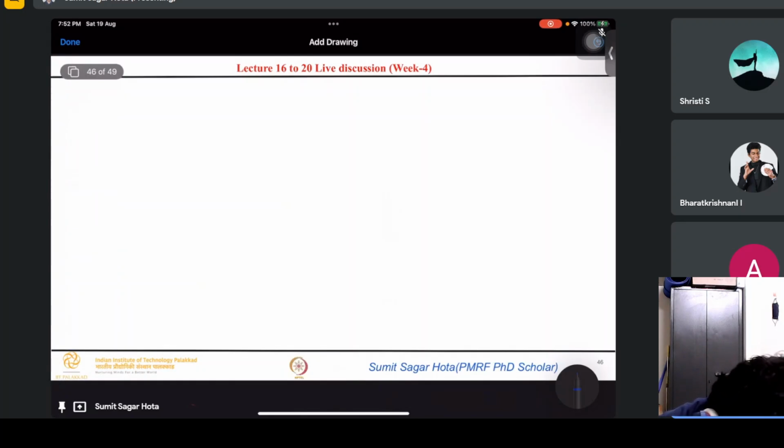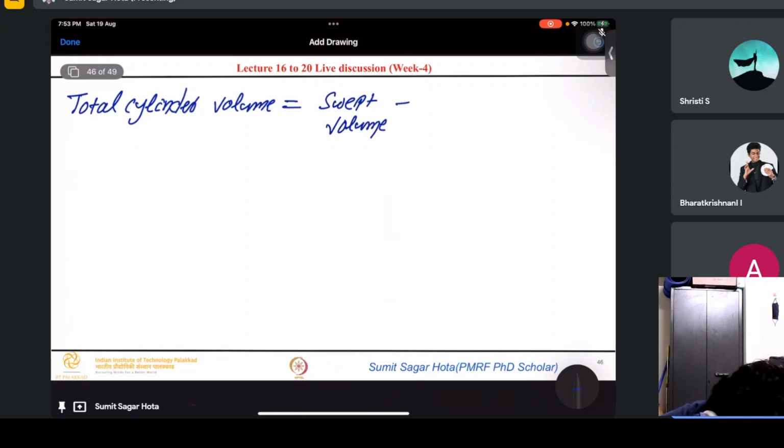Now what is the total cylinder volume? Swept volume plus clearance volume.